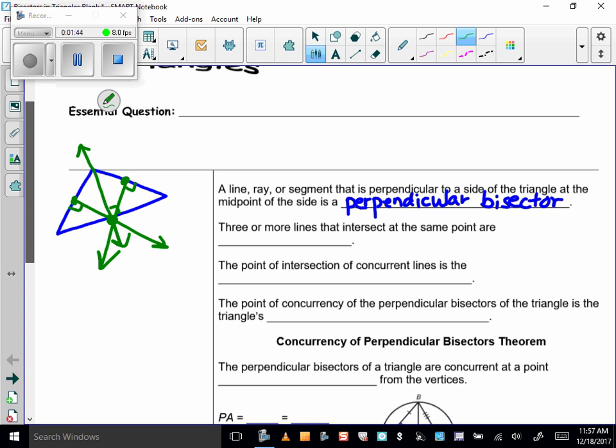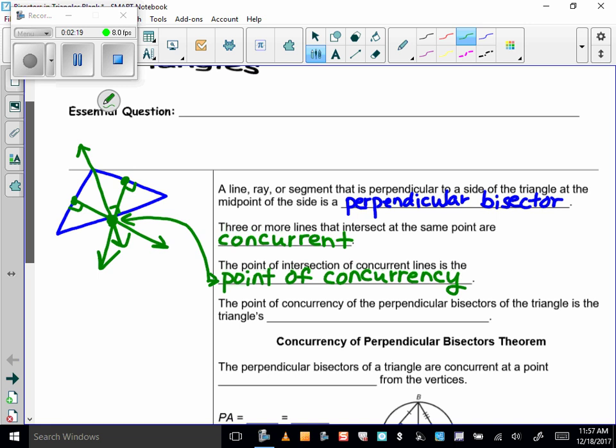Anytime you have three or more lines that intersect in a point, they are called concurrent. They're concurrent lines, and the point where they intersect is, appropriately enough, the point of concurrency. So my point of intersection right there is the point of concurrency of those perpendicular bisectors.